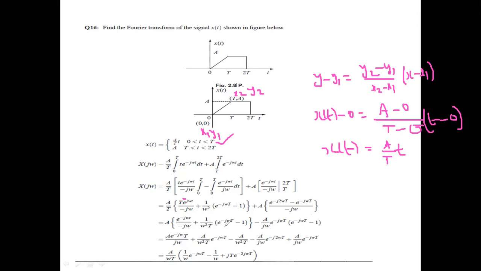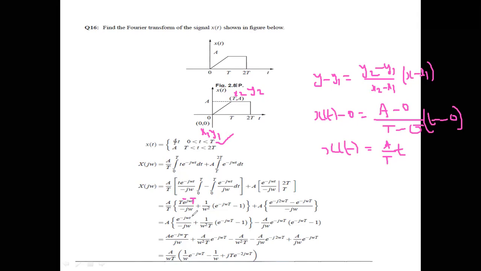Okay, my dear students. So now the first term is A into e power minus j omega t by j omega. Here the term is not the small t, it is capital T minus 1.